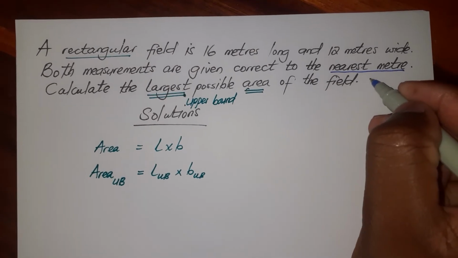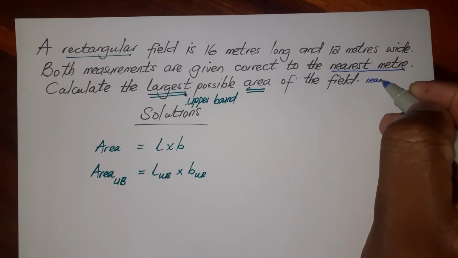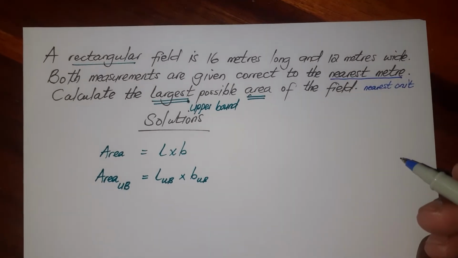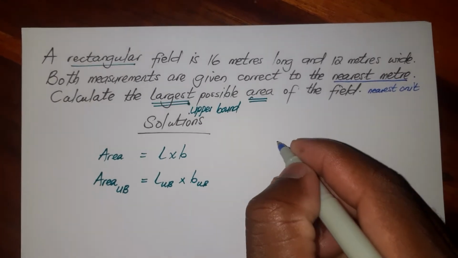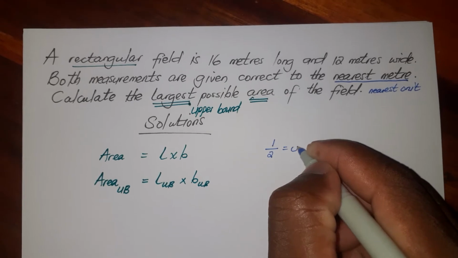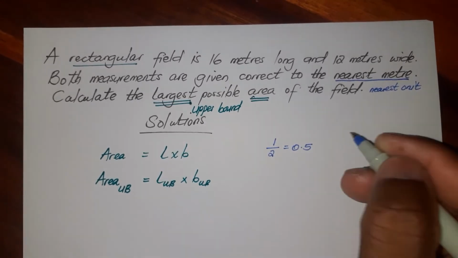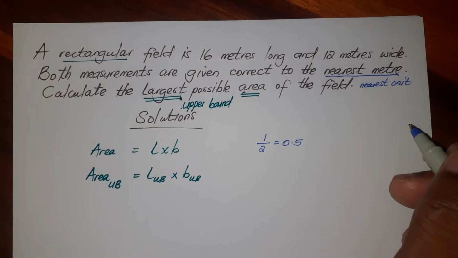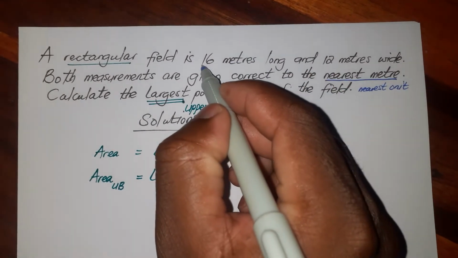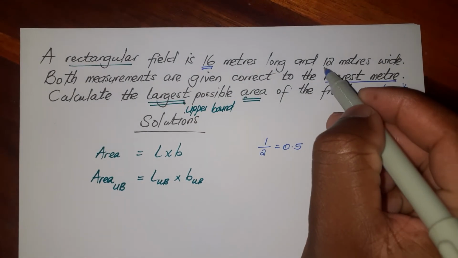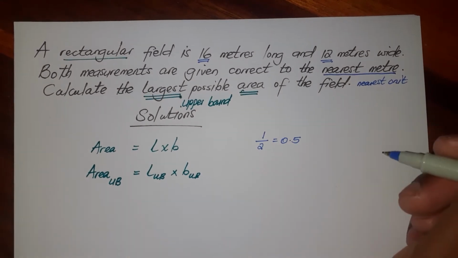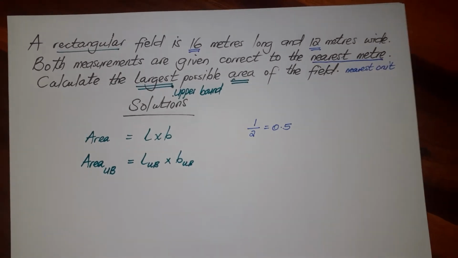To the nearest meter means to the nearest unit. Therefore, what we do, we divide 1 by 2 to get 0.5. That 0.5 is the number that we are going to add to the length and also to the breadth for us to get the upper bound of the breadth and the upper bound of the length, and then we multiply the two.